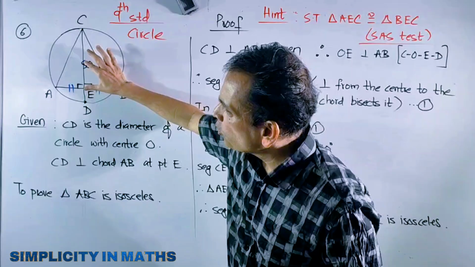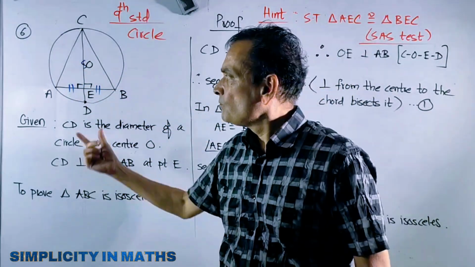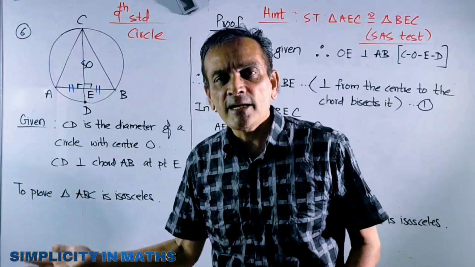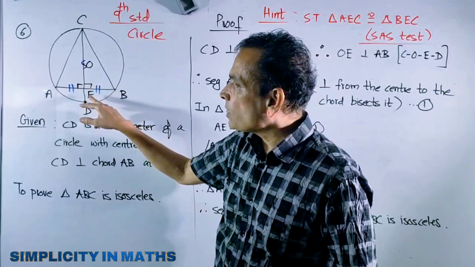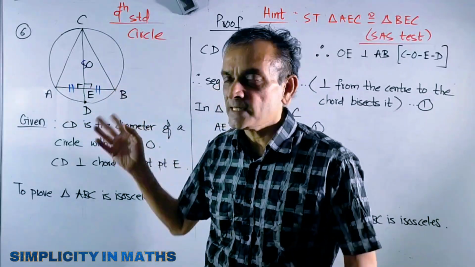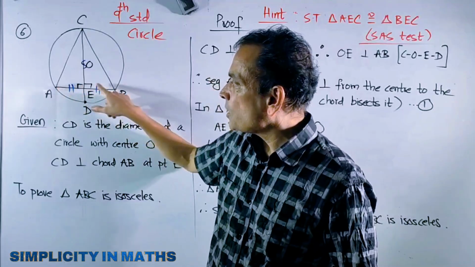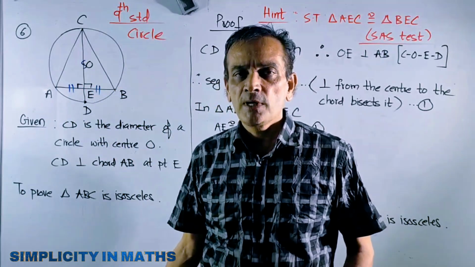So when you say OE perpendicular to AB, naturally what happens? These two sides are equal. We have seen many times, this is the main property of this chapter. Perpendicular drawn from the center to the chord bisects the chord. Okay? So when you show this perpendicular to the chord, it bisects the chord. AE equal to BE. Simple.